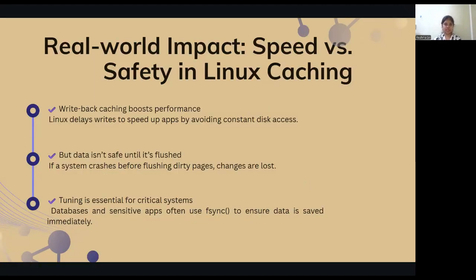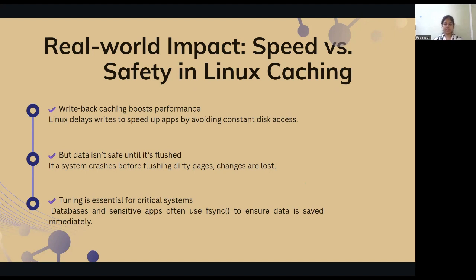Now let's understand how this affects real life systems. Write-back caching definitely makes things faster. Apps don't wait for every disk write, so they respond quickly. But here's the risk. If the system crashes before those changes are written to disk, you will lose that data.